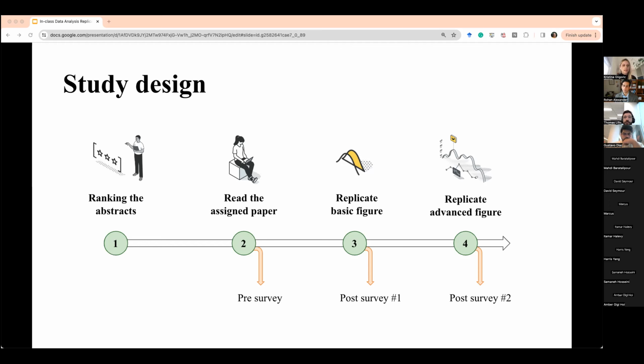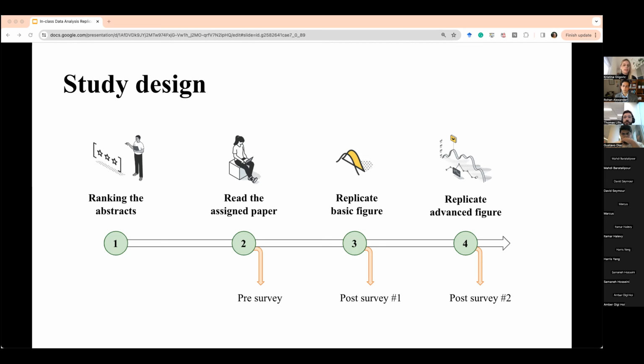And then in the second step, once we assigned a paper to each student, the students were reading the assigned papers, and they had to report a review, a summary of the paper to make sure that it was read. And here the students filled a pre-survey, which measured the expectations and the pre-variables that I mentioned in the beginning.